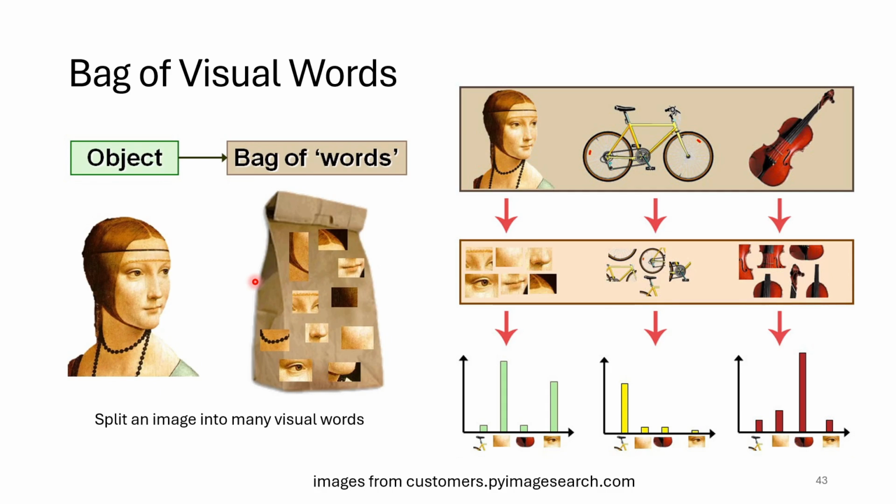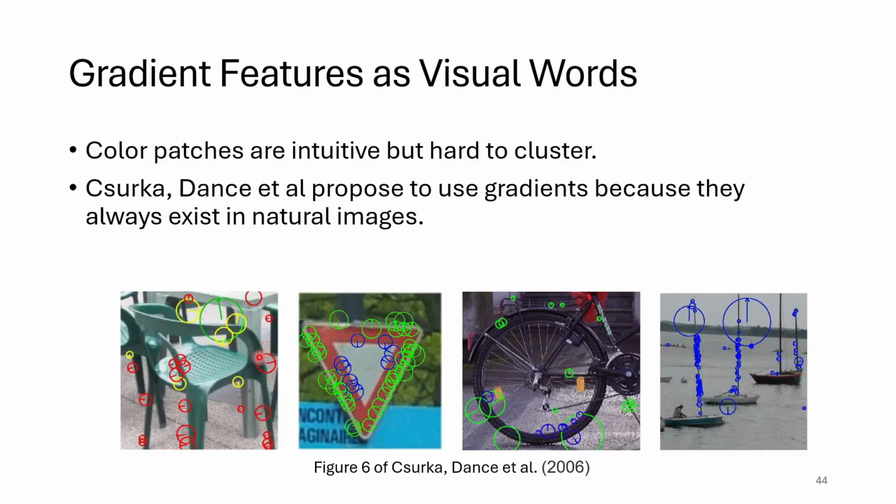Then you will suffer from the curse of dimensionality. So this paper uses a different feature to classify images. They don't use the patch and the intensities of a patch as their feature. They use gradients. Because gradient is everywhere, you can always find gradients in images. Every pixel has its gradient.